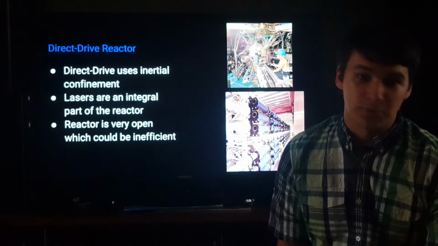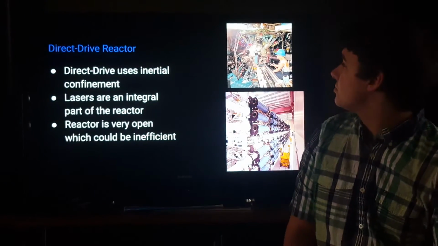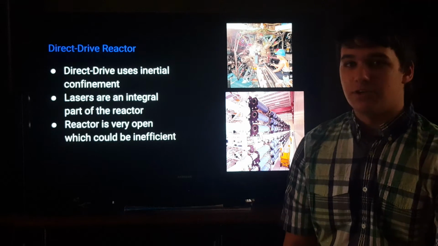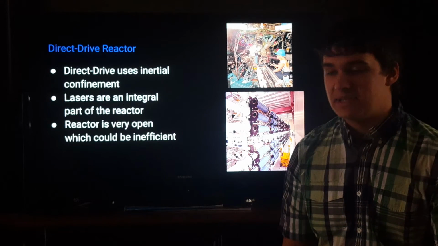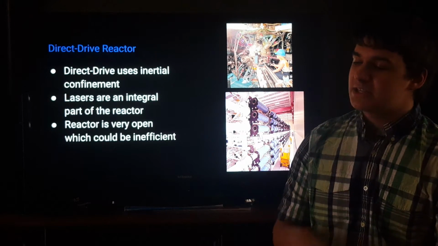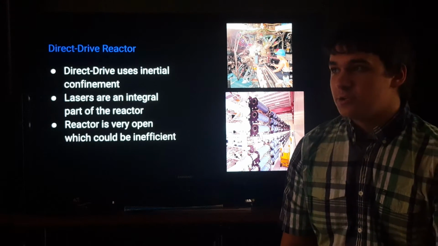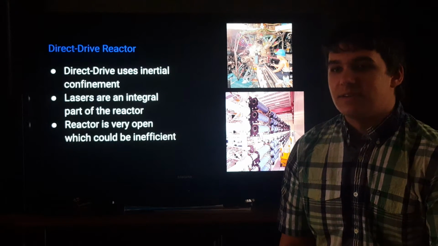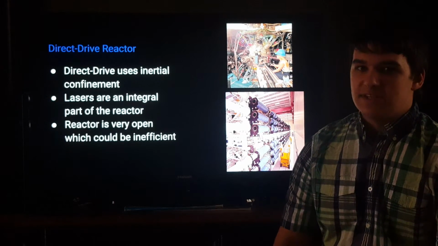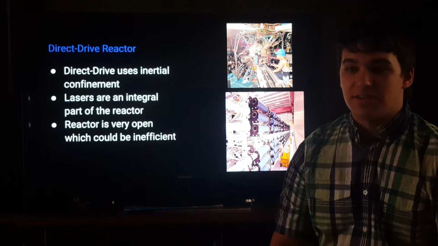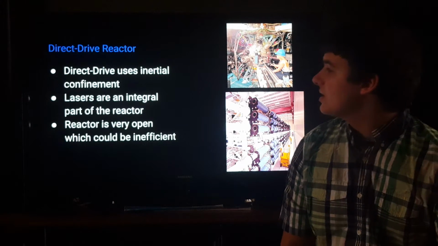The next reactor we're going to be going over is the direct drive reactor. This one uses inertial confinement. This is a bit different than magnetic confinement, but it is still a very good way to produce fusion. One big part of the direct drive is lasers. These lasers are important as they are what heats up the fusion reaction.